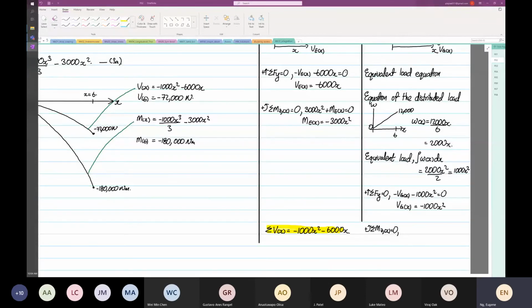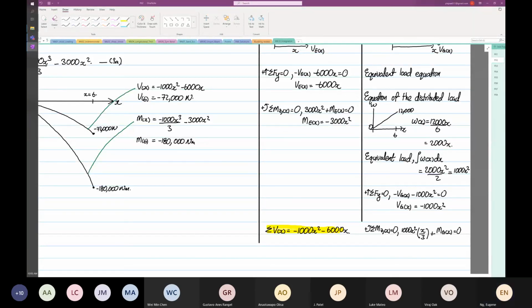So on the gradient distributed load, this will be equal to, sorry, this will be equal to positive 1000 x squared over 2. So sorry, x squared, and then the distance will be x over 3, right? Then plus the moment of the gradient distributed load as a function of x, the whole thing is equal to 0.